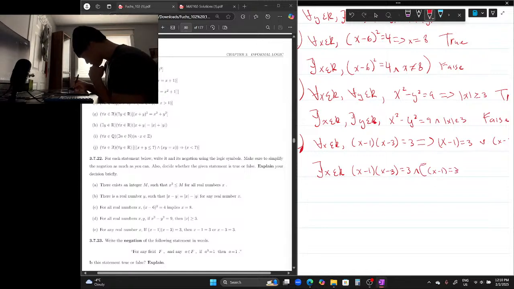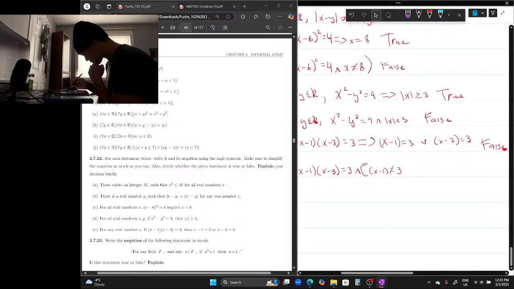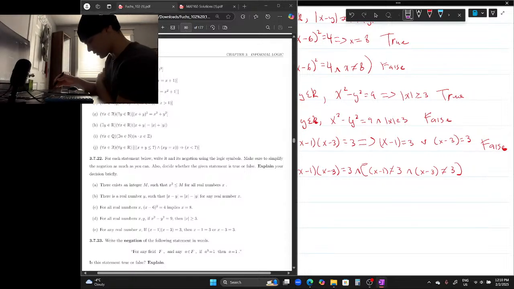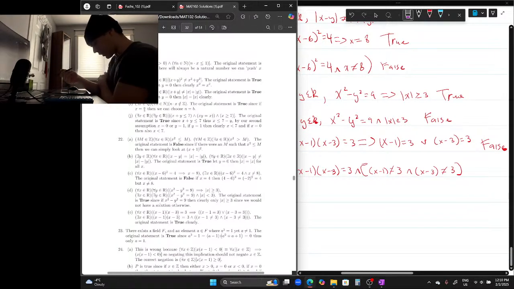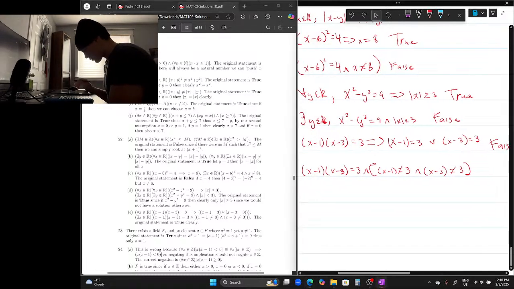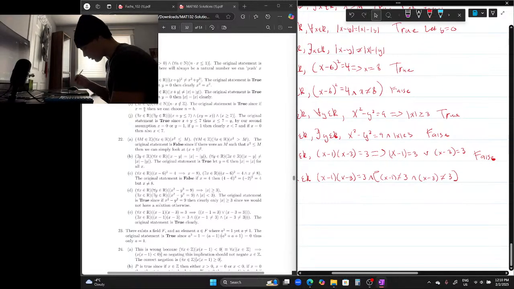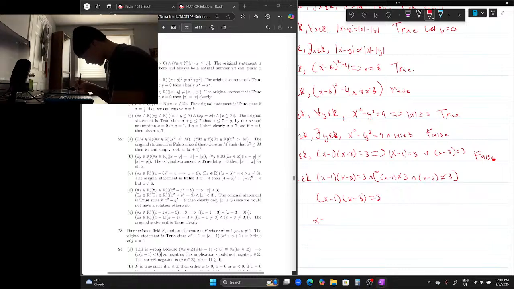Excuse me. So the negation makes it true, I guess, right? So let's see. E. Bro, what? The original statement is true clearly. Again, the only thing with x minus 1 times x minus 3 equal to 3 is x equal to 0.